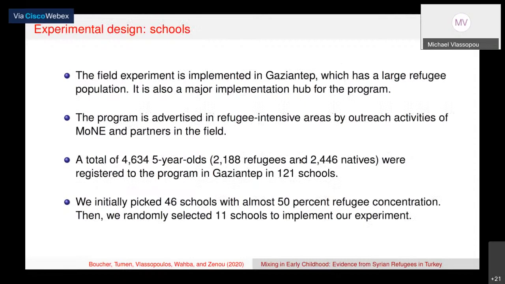The field experiment was implemented in Gaziantep, which is a city of about 2 million in the southeast part of the country, close to the border with Syria. Our study involves picking 46 schools out of the full sample that have about 50% refugee concentration, and then randomly selecting 11 of those to implement our experiment.